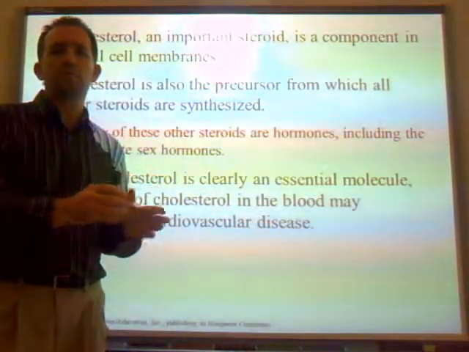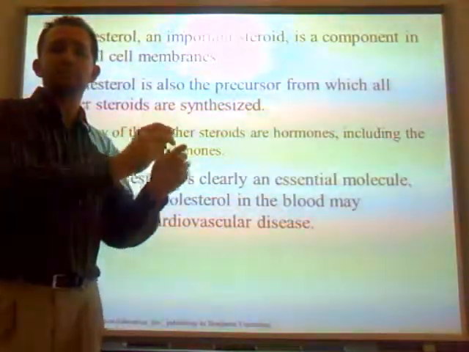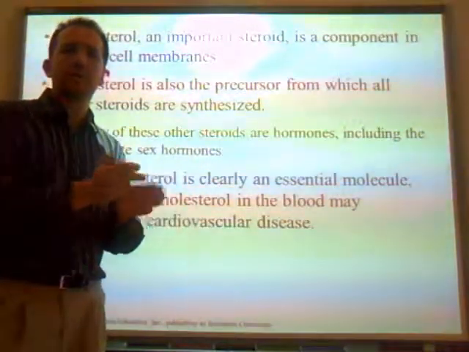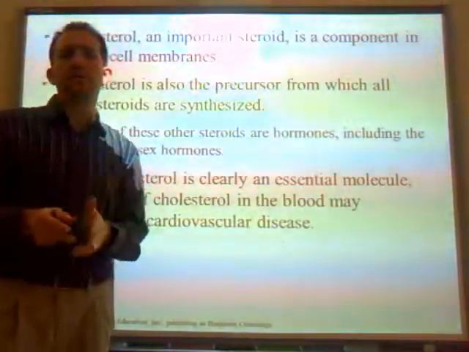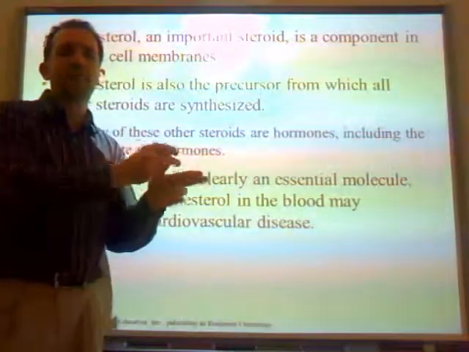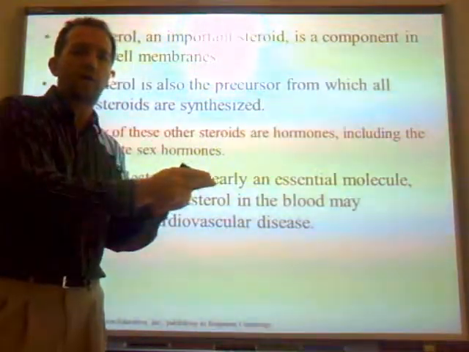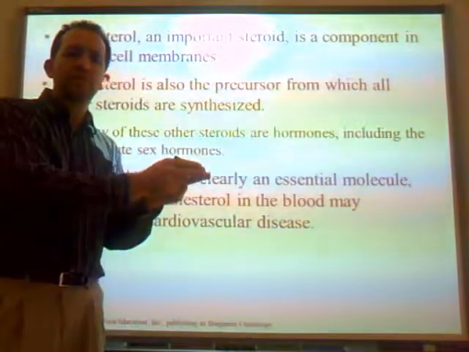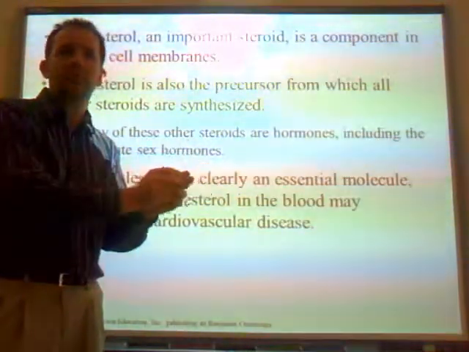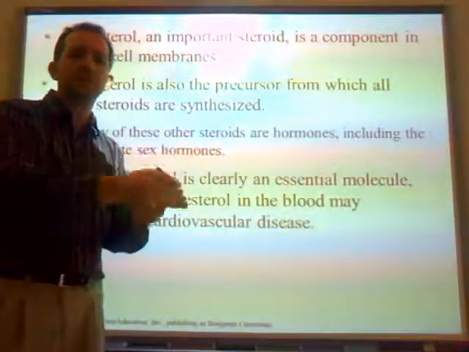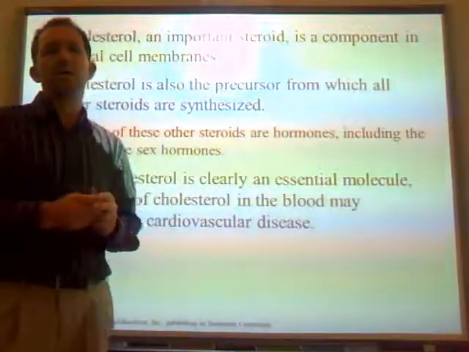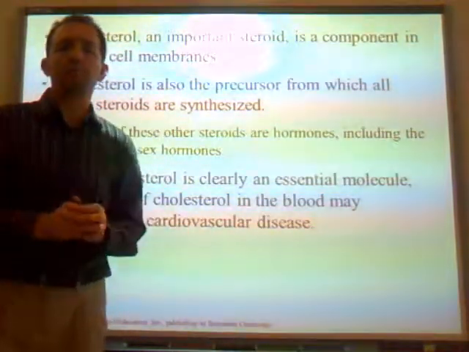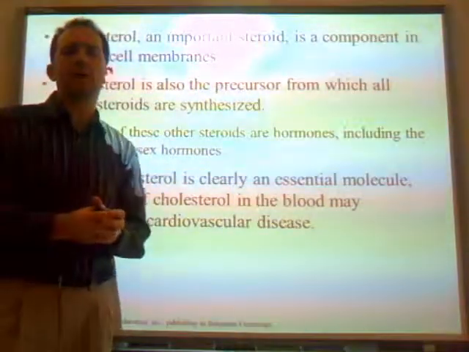Carbohydrates come in three varieties: monosaccharides, simple sugars; disaccharides, double sugars; polysaccharides, many sugars. Every time we put two monosaccharides together, we have a glycosidic linkage, and these glycosidic linkages lead to the more complex types of molecules, disaccharides and polysaccharides.